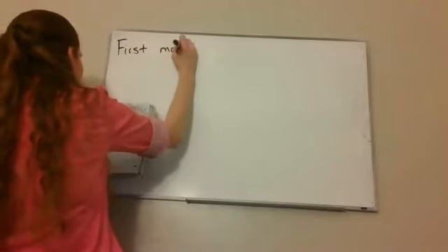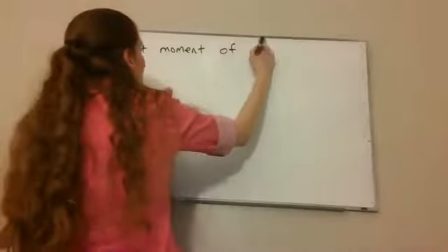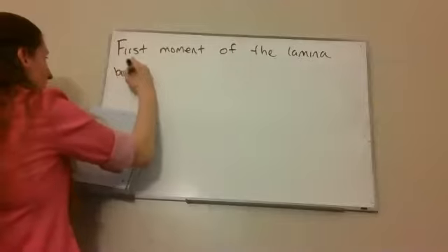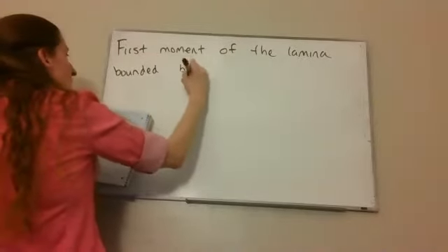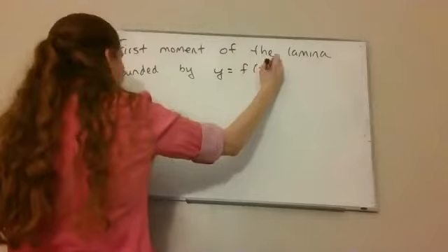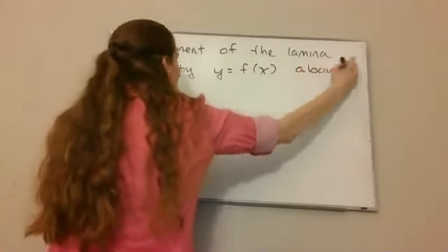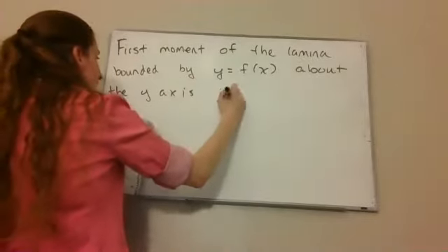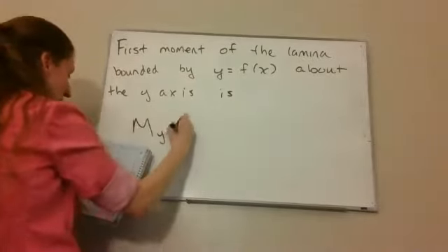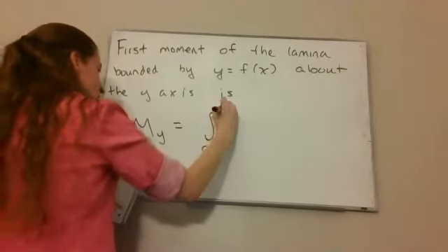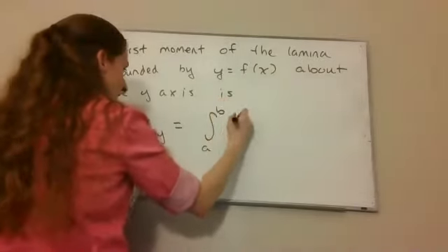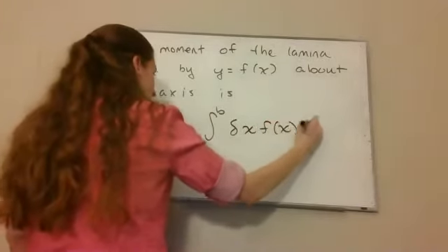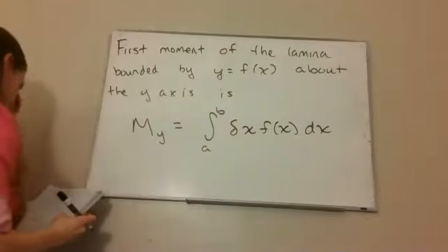The first moment of the lamina bounded by y equals f of x about the y-axis is given by My, which is the integral from a to b of delta, or density, times x times f of x dx.